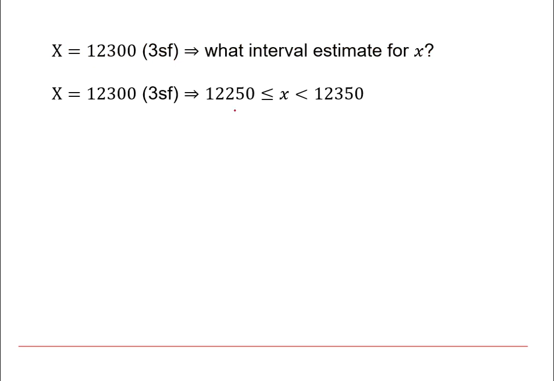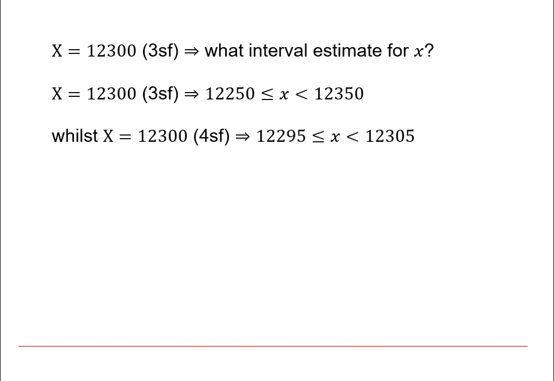And we see that the smallest possible value for little x is 12,250 and the largest value is 12,350, because anything in that interval rounds to 12,300 to three significant figures, and anything outside the interval rounds to something else, to three significant figures.